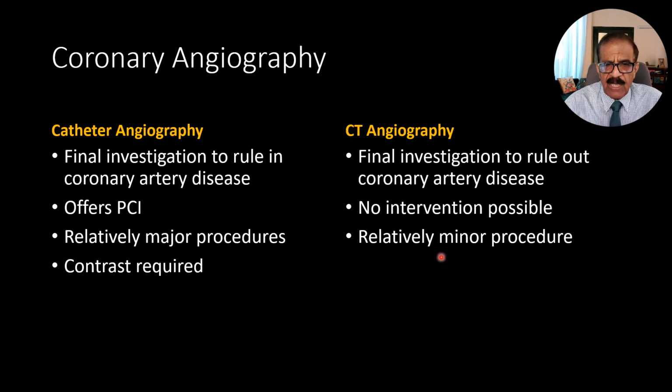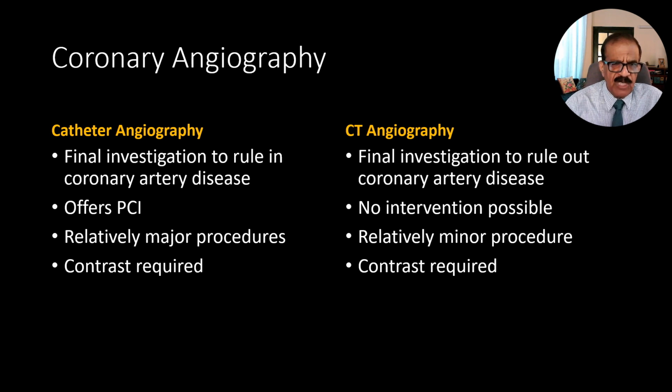Usually there are no complications. You can determine coronary anatomy and also the presence of calcium. And I'll show you, if CT angiography is normal, that is a great test to rule out coronary artery disease. But if it is abnormal, then usually catheter angiography would be needed. Contrast is required in this also.